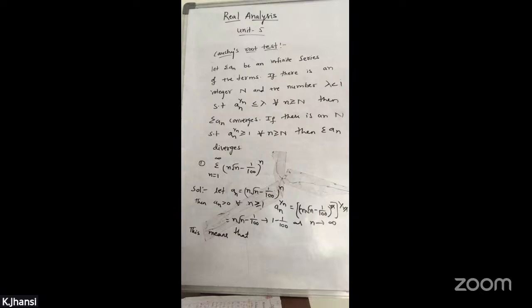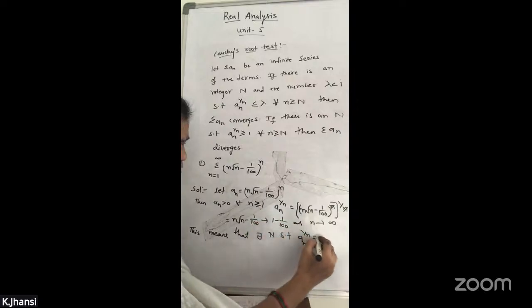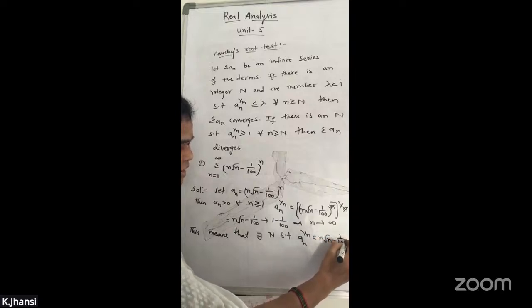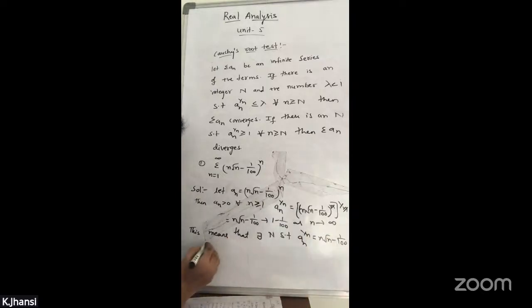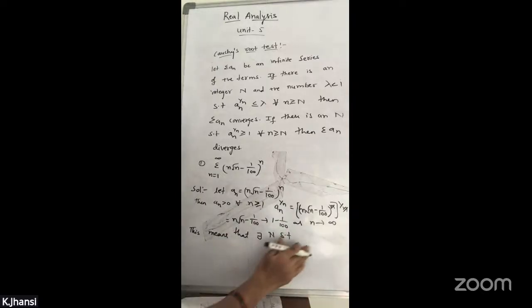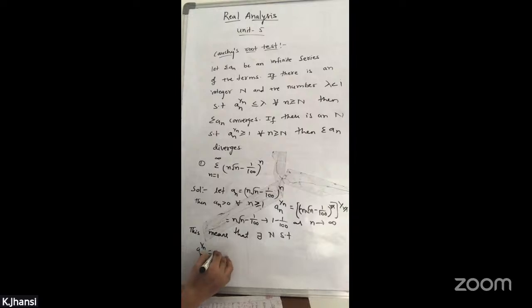This means that there exists a capital N such that an to the power of 1 by n is equal to n root n minus 1 by 100, which is less than 1 minus 1 by 100.